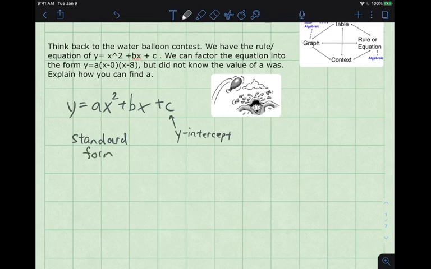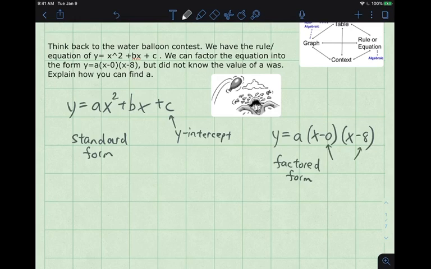Here they also give you y equals a times x minus 0 and x minus 8. This is known as factored form. These things are going to be your x-intercepts.